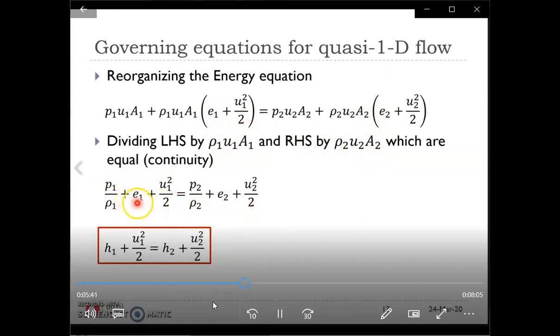So P over ρ plus E plus kinetic energy is constant along a streamline. Of course, P over ρ plus E is what we defined as enthalpy before. So this becomes h plus u squared over 2 is constant along a streamline.